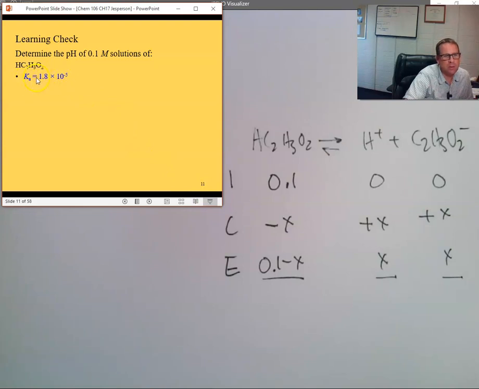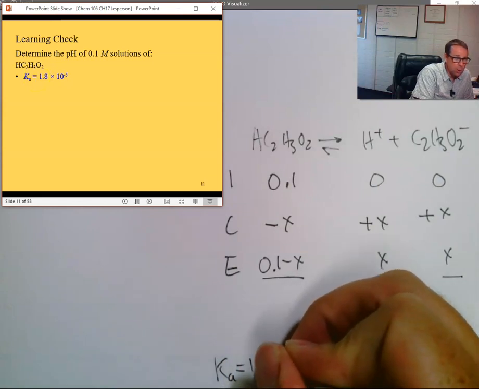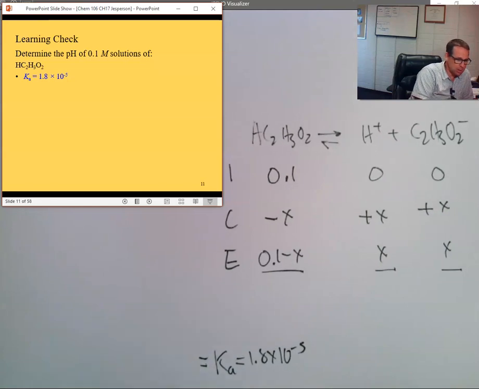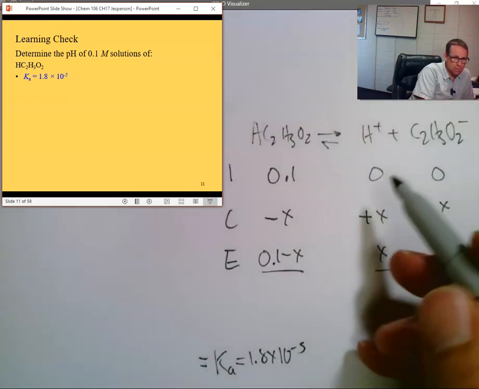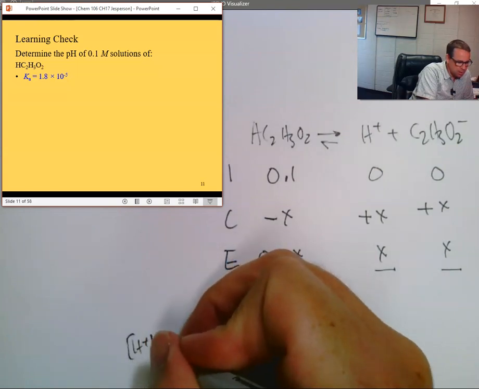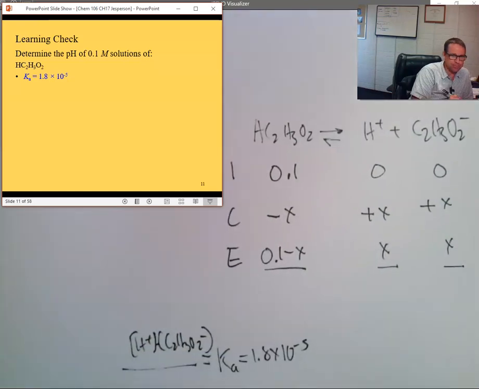And so it's just x times x over 0.1 minus x equals 1.8 times 10 to the negative 5. That's right, because we have our Ka up here. And our Ka equals 1.8 times 10 to the minus 5. Ka means, for this scenario, that one is the H plus ion times, not plus, C2H3O2 minus over what?